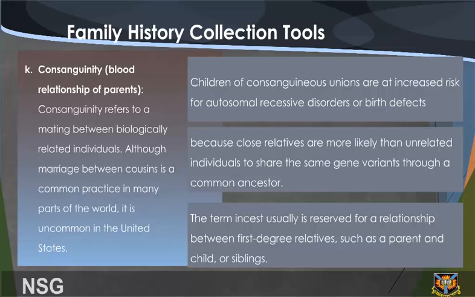Children of consanguineous unions are at increased risk for autosomal recessive disorders or birth defects because close relatives are more likely than unrelated individuals to share the same gene variant through a common ancestor. The term incest usually is reserved for a relationship between first-degree relatives, such as a parent and child or siblings.